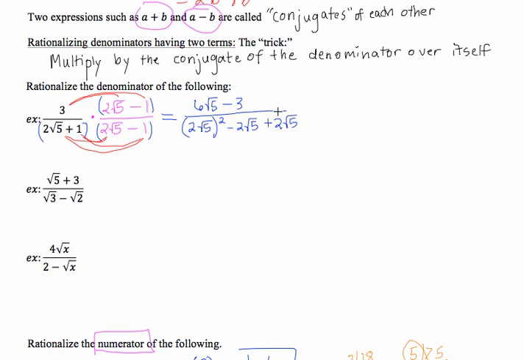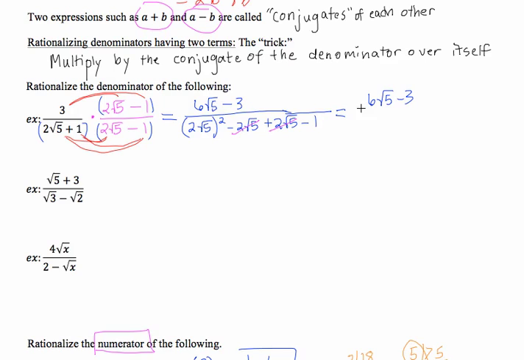And the last two terms give us a minus 1. When you multiply by the conjugates, it will always be the case that these middle two terms will cancel. That's why we multiply by the conjugate, because by those two middle terms canceling and this first term getting squared, we're able to eliminate all the radicals.